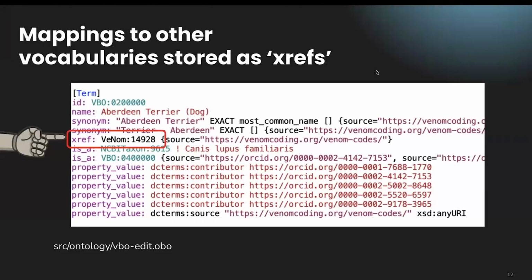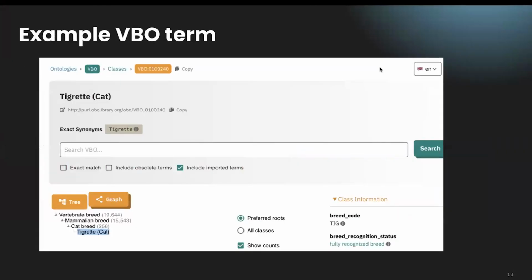But you can also ask your agent what kind of cross-references are in VBO. So I'm not going to say too much about it. Next slide, please.